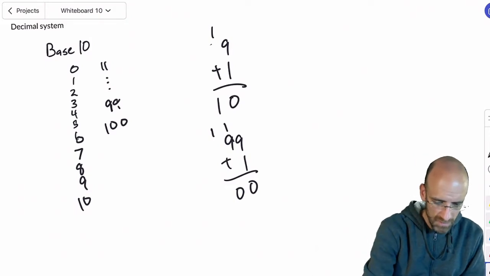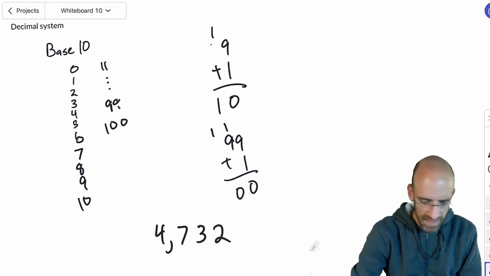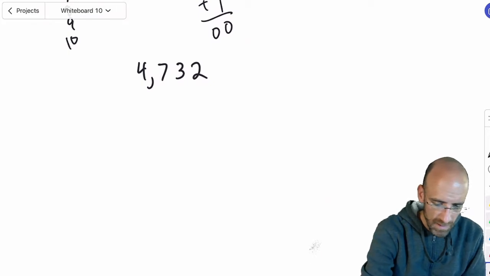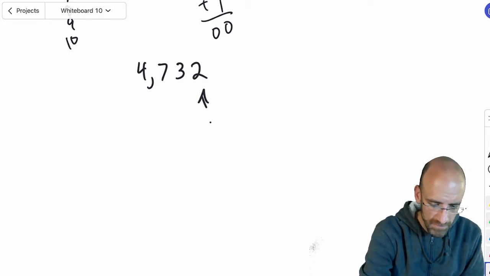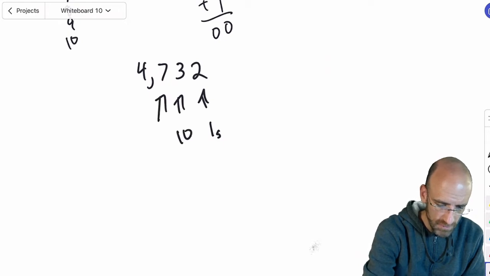Now, the number 4732, that actually has a meaning. This is the ones digit, this is the tens digit, this is the hundreds digit, and this is the thousands digit.